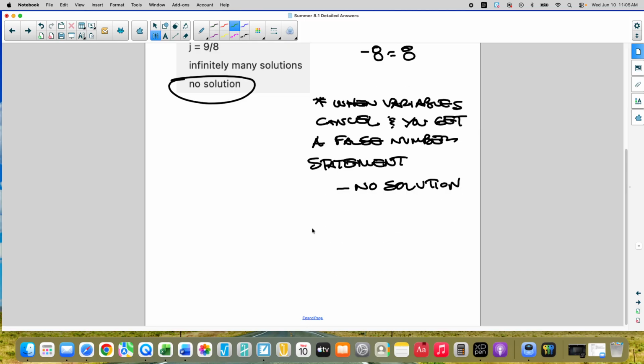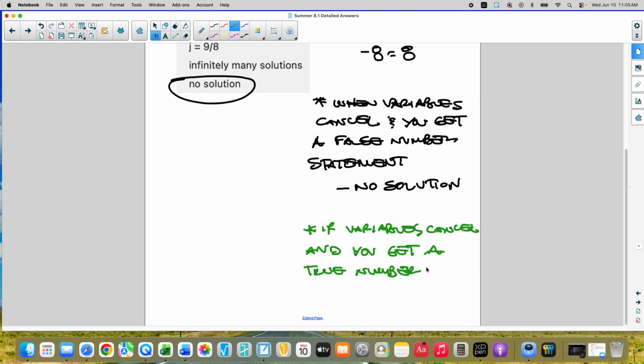If it was true, if variables cancel and you get a true number statement, much like 2 equals 2, then the answer is going to be infinitely many solutions.